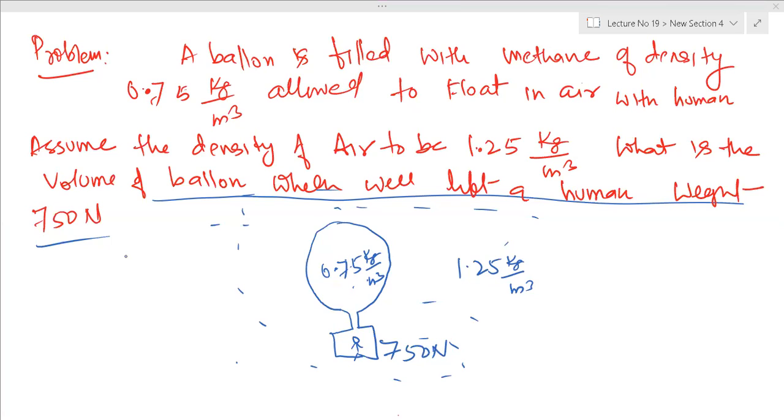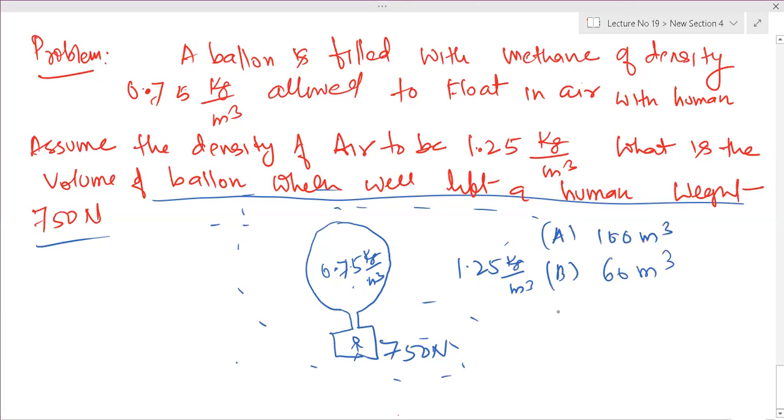So you have four options: A, 100 meter cube, B, 60 meter cube, C, 37.5 meter cube, D, 150 meter cube.